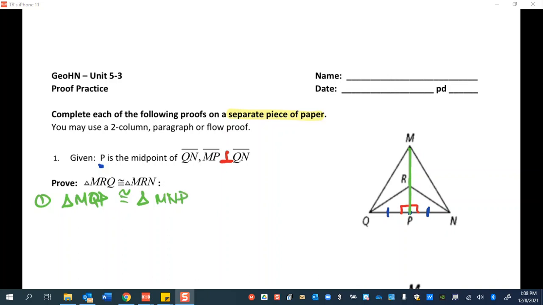And if those two triangles are congruent, they're going to give me all of the corresponding parts. So let's think about what it is that we're trying to prove. We're trying to prove that triangle MRQ, that's this one here, is congruent to this guy here.